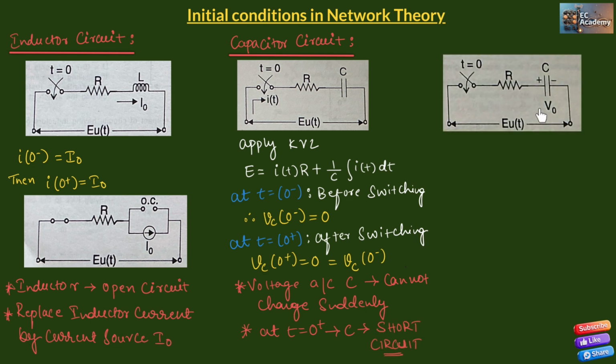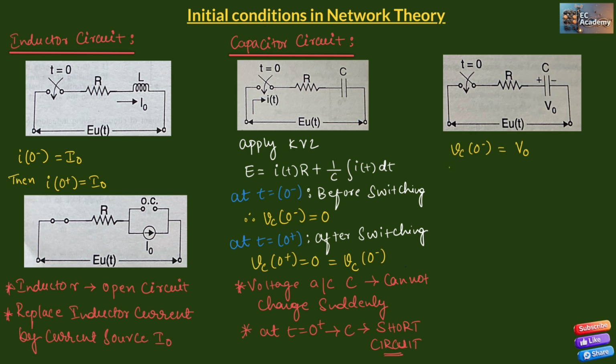Now, in capacitor circuit, if capacitor is having some initial voltage which is equal to V naught, then Vc 0 minus will be equal to V naught, that is just before switching, and after switching, the voltage across the capacitor cannot change suddenly.